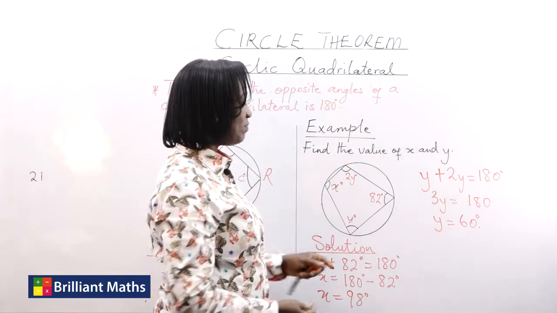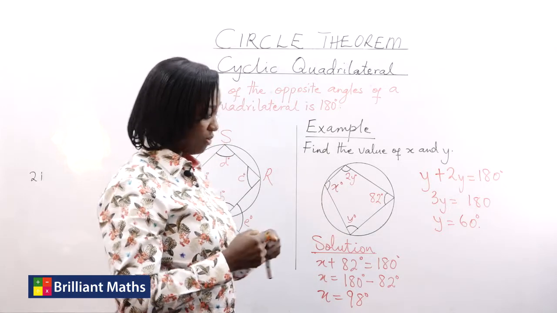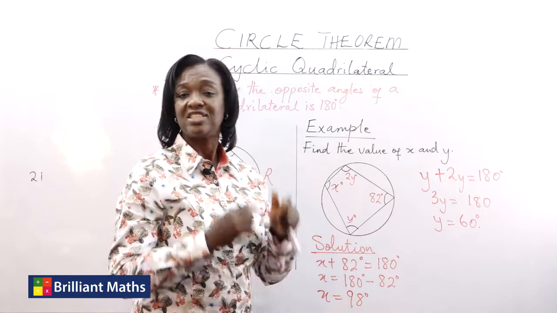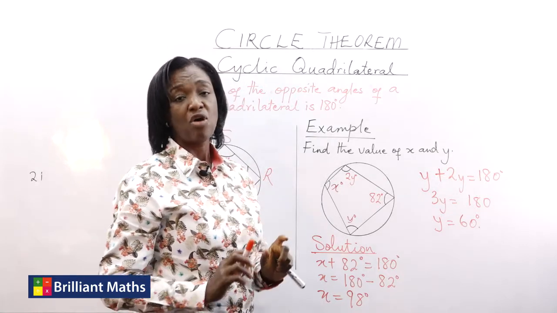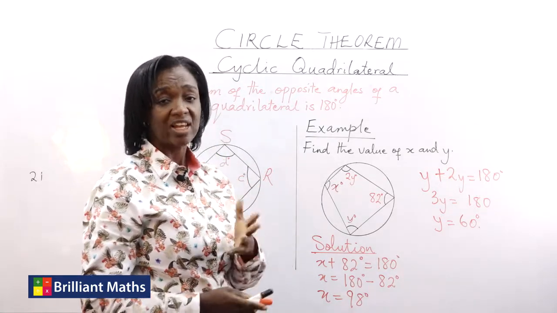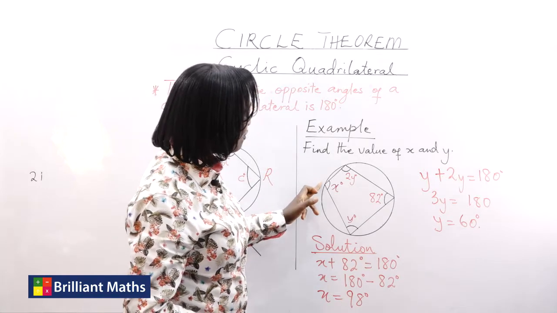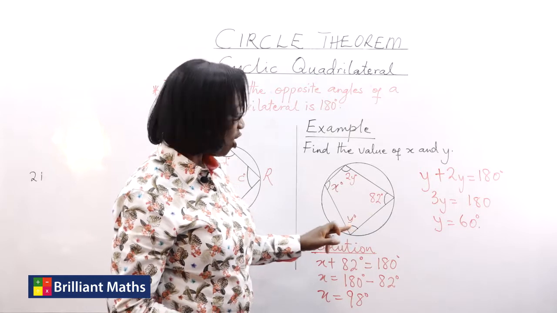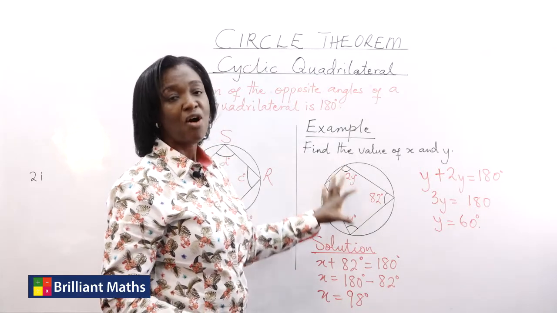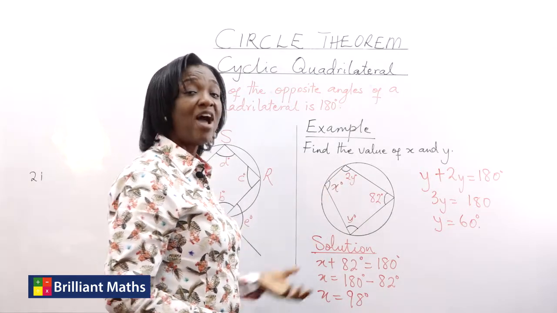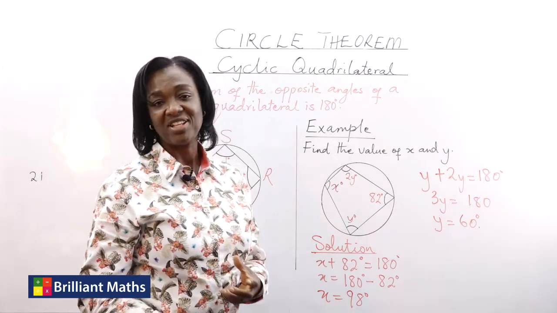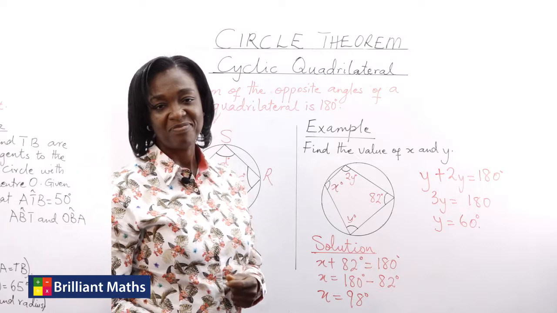So it's very easy. Just make sure that you find out if it is actually a cyclic quadrilateral before you start. And for it to be a cyclic quadrilateral, the vertices of the quadrilateral must lie on the circumference of the circle. For more exercises and examples, get a copy of Brilliant Maths Module 7.